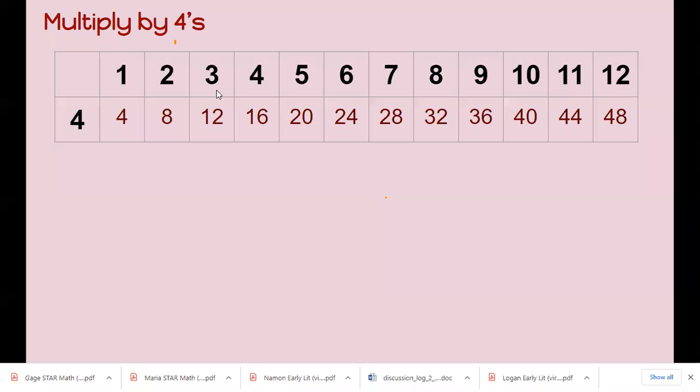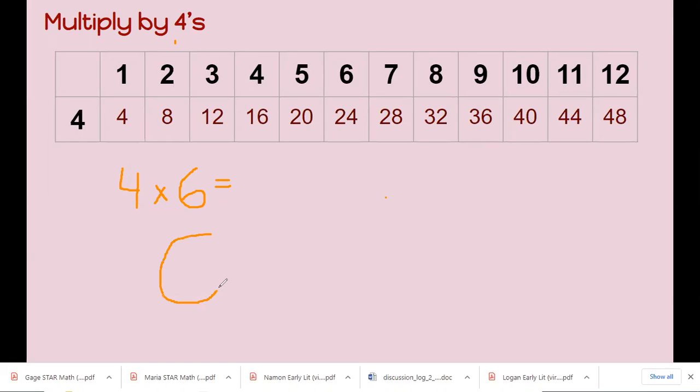All right, now here's my first example. I have 4 groups of 6. Right? Now look at my equation. I want to know what 4 groups of 6 equals. So I have 4 groups. 1, 2, 3, 4.